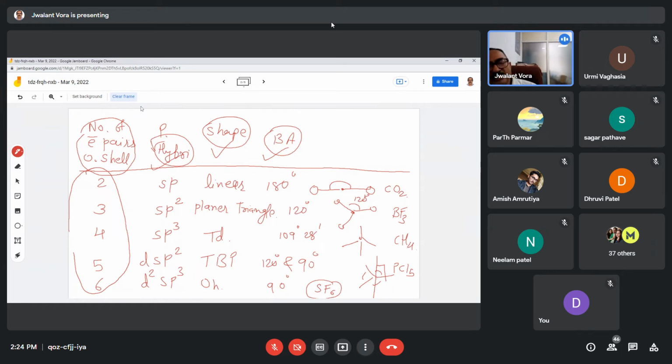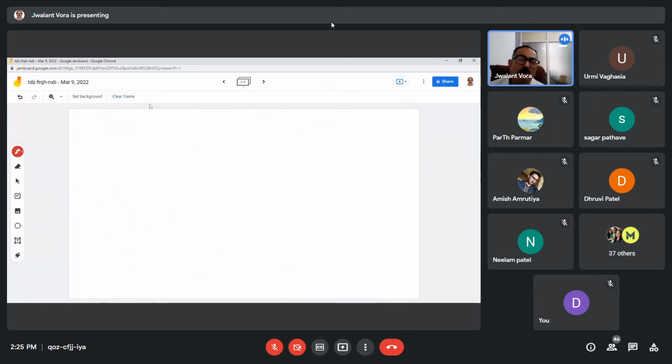Moreover, Sidgwick and Powell found out that the electrons present in the outermost orbital can be present either in a bond pair or in a lone pair. Say for example the NH3 molecule.